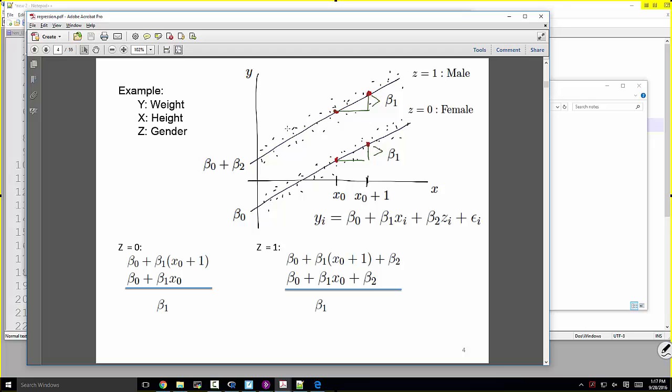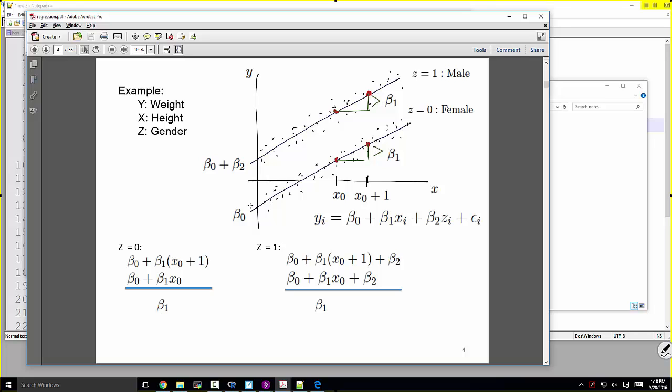The model that we just fit says beta 0 would be the mean response of y when x is 0 and z is 0. So this line right here is for the females. Z equals 0, and beta 0 is this value down here, the y-intercept when x equals 0 among the females.